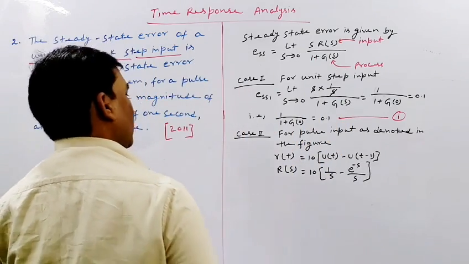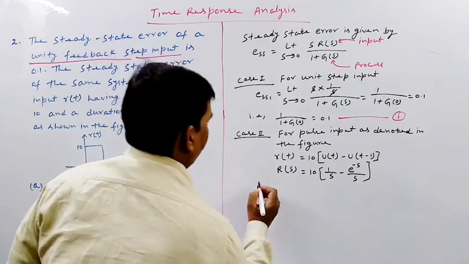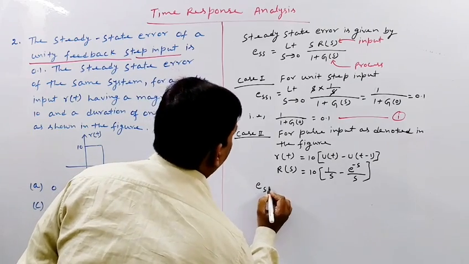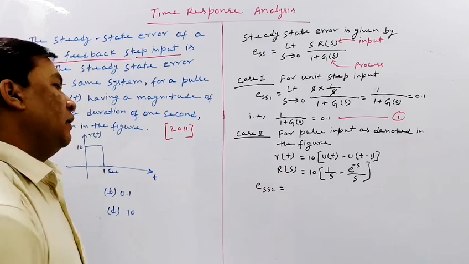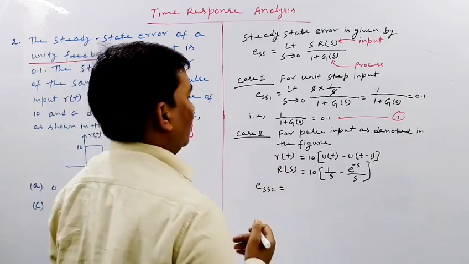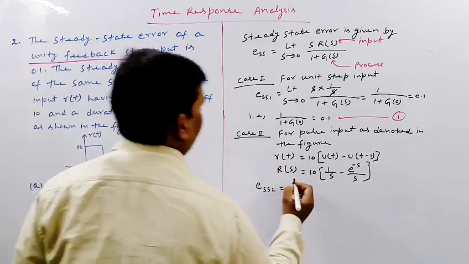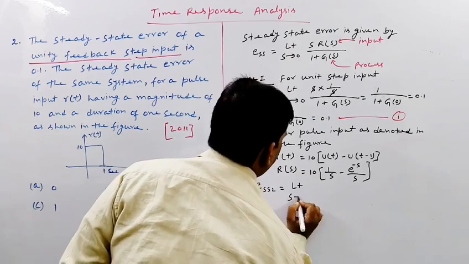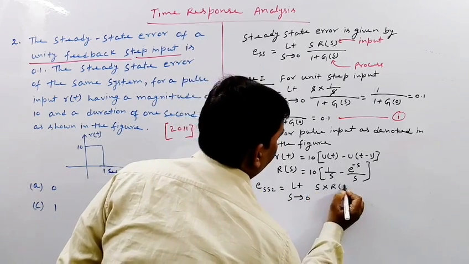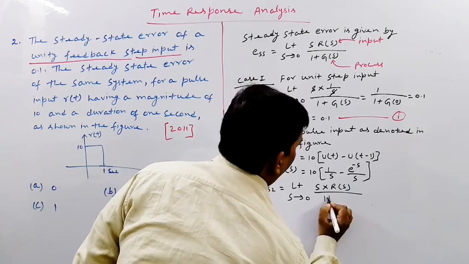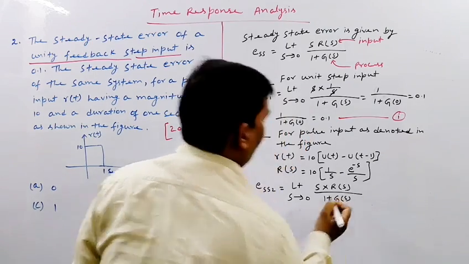Now the steady state error, let me write it as e_ss2 due to the pulse input. So the steady state error will be limit s tends to 0 of s multiplied by R(s) divided by 1 plus G(s). Now what is R(s)?